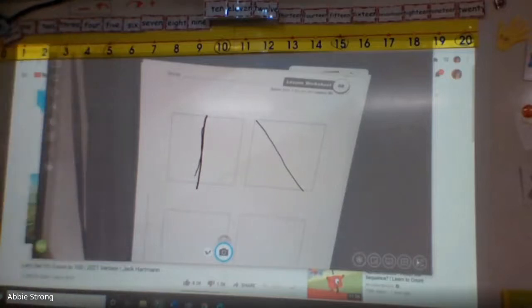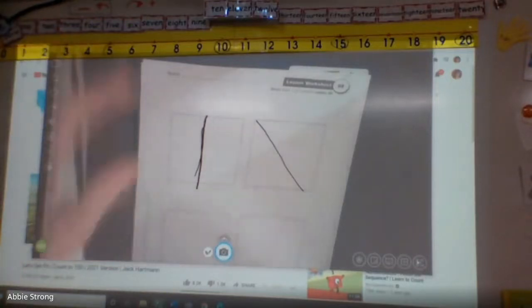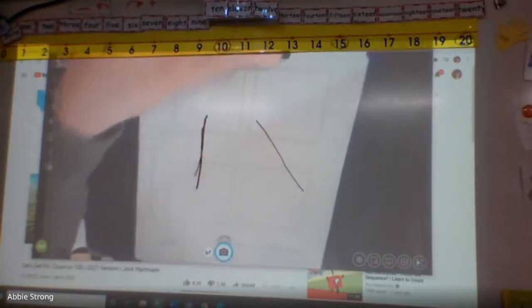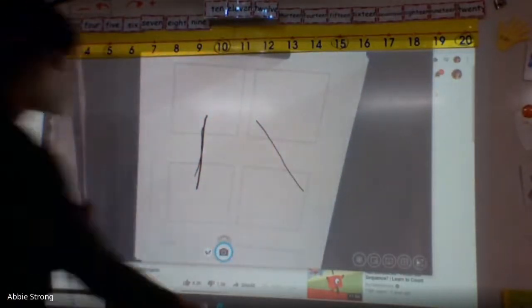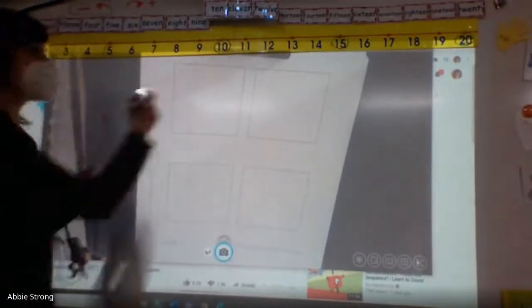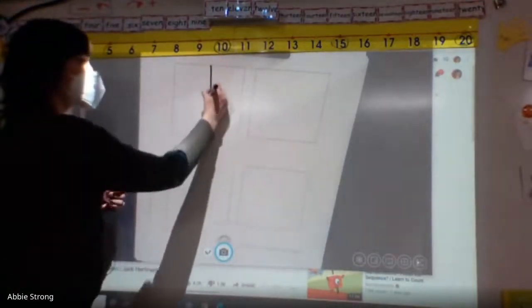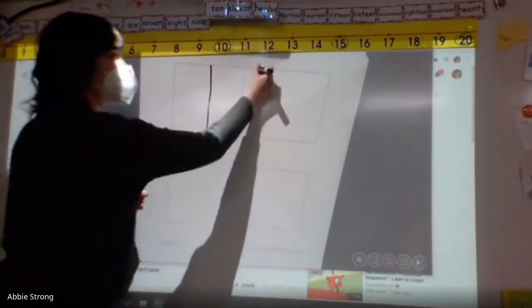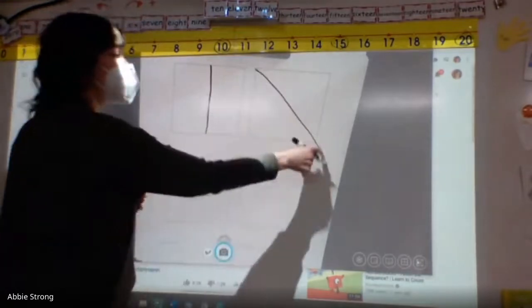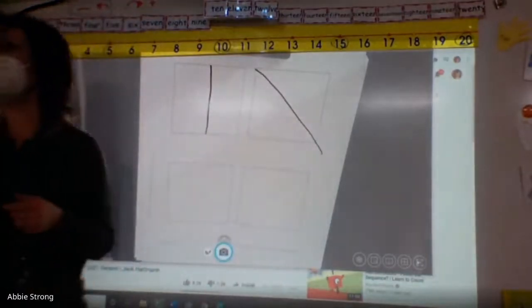Let me move this up. I should have done that. I will readjust these lines for us, girls. What's another way that we could divide it in half? Journey said vertically from the top down, and Addison did diagonally from corner to corner. What's another way?